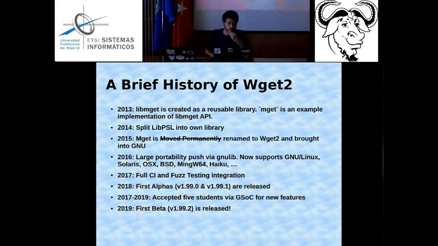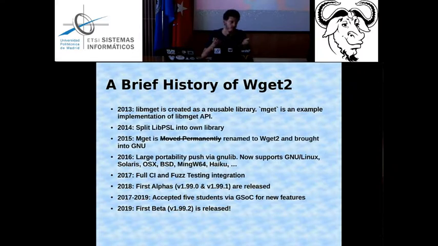Four years ago, mget was renamed to WGET2 and brought into the GNU project. A year later, we started to use Gnulib, which ensures compatibility with a great list of different platforms and operating systems.